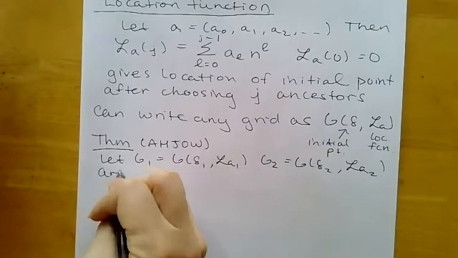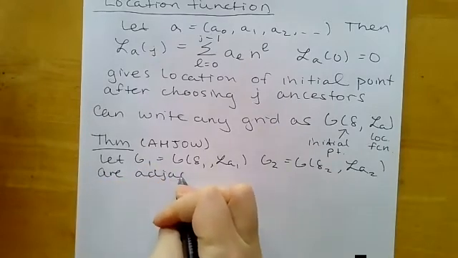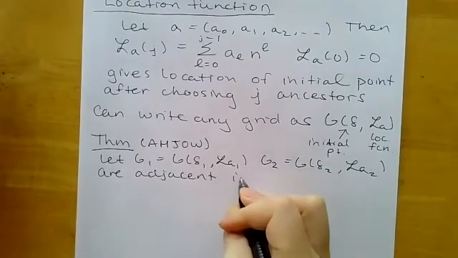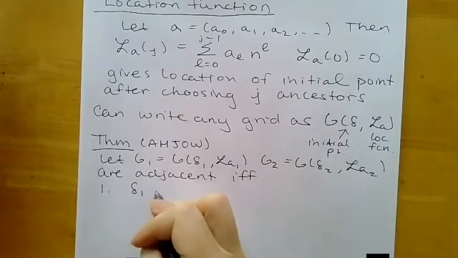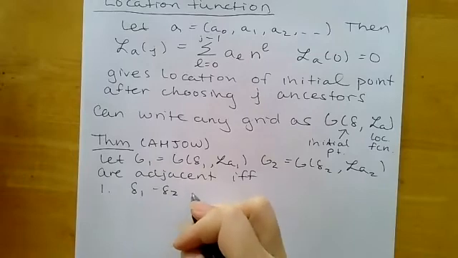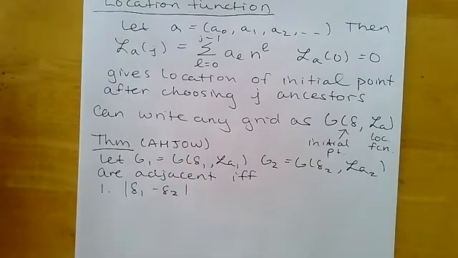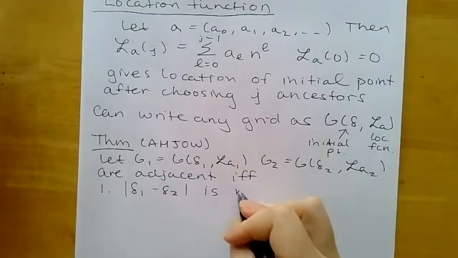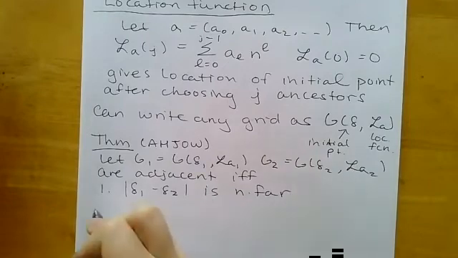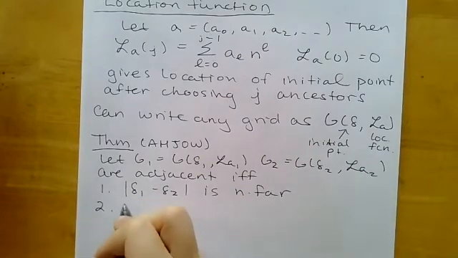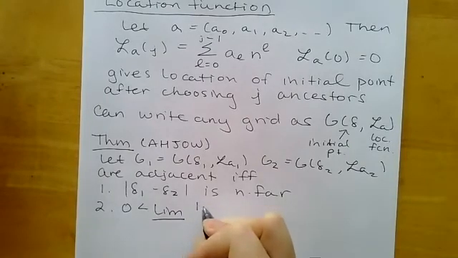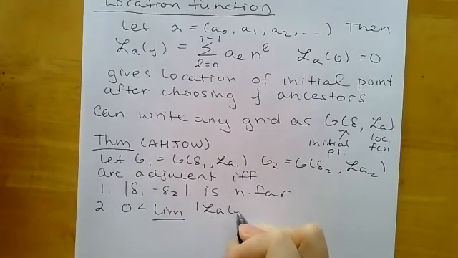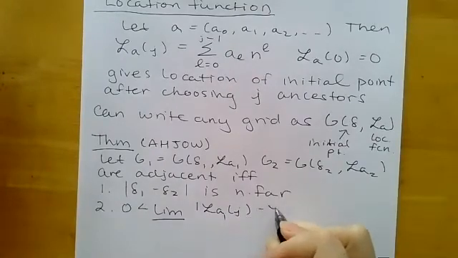These are adjacent, so they form an adjacent dyadic system, if and only if one, the difference between the deltas in absolute value is n FAR. And two, that 0 bounds the lim inf of the normalized difference of location functions.